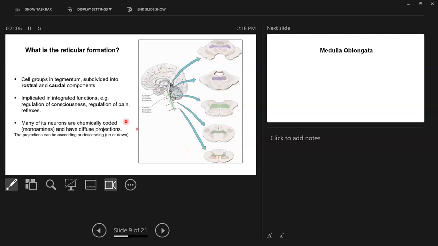As I mentioned before, these are implicated in integrated functions of the central nervous system, such as regulation of consciousness, sleep, wakefulness, regulation of pain, but they also regulate reflex activity, muscle tone, extensor tone, things of that nature.